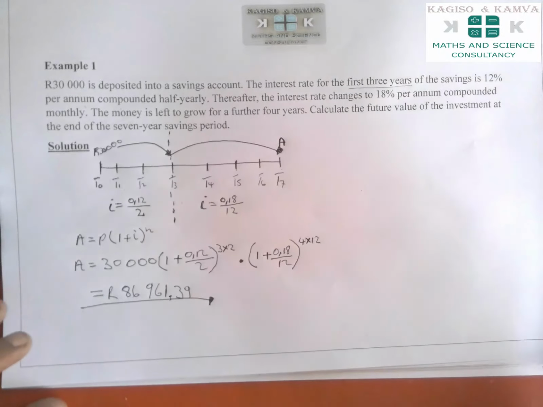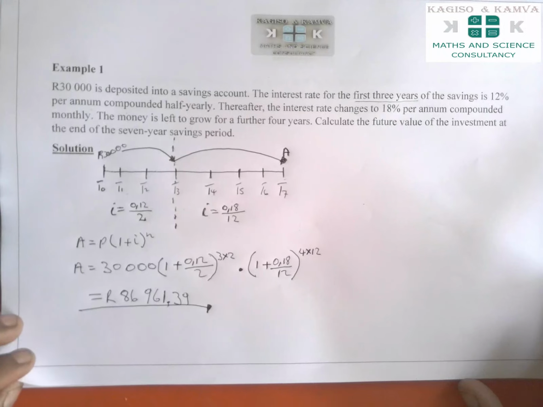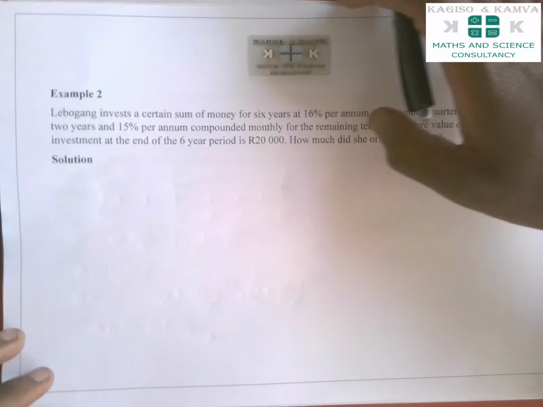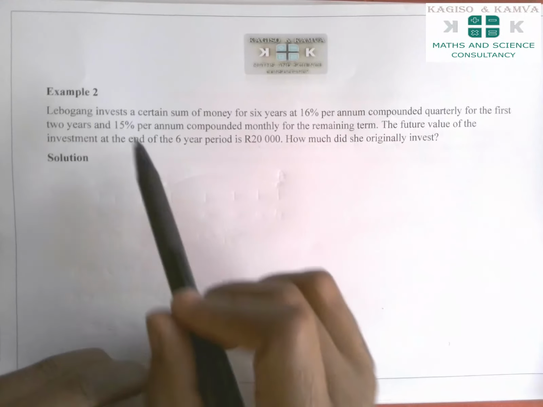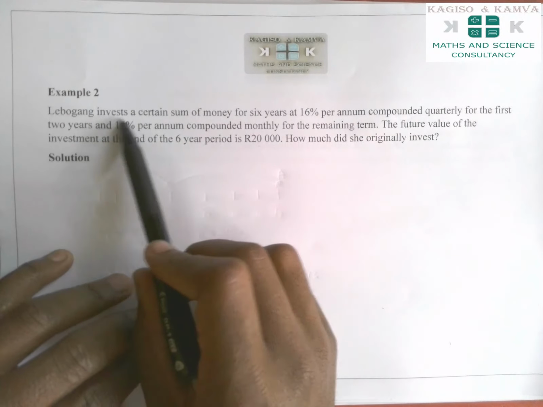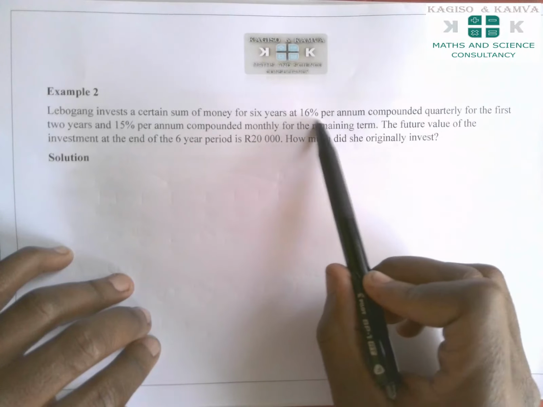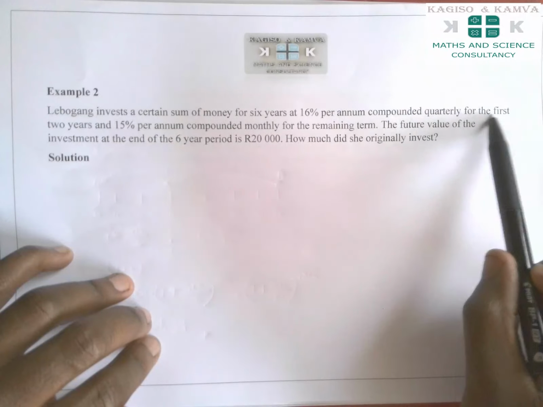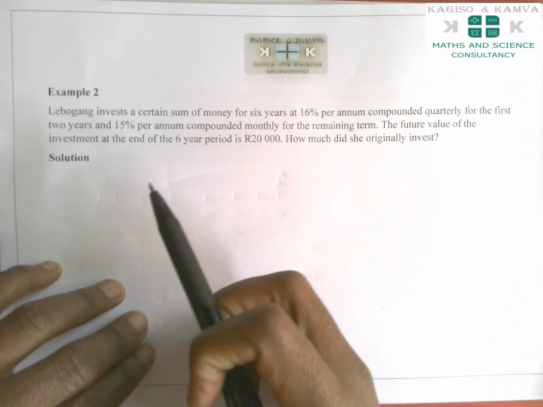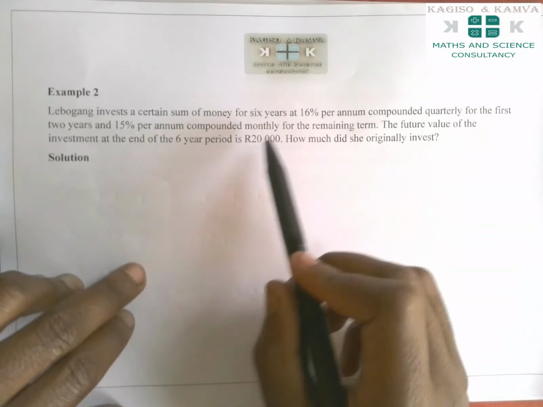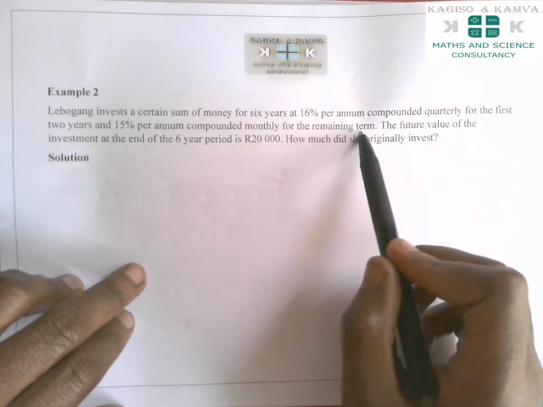Okay, now let us look into example 2. Now with example 2, we're told that Lebogang invests a certain sum of money for 6 years at 16% per annum, compounded quarterly for the first two years, and 15% per annum compounded monthly for the remaining term.